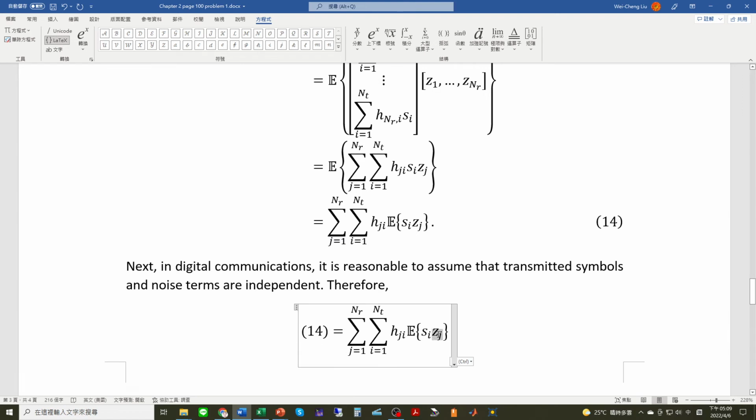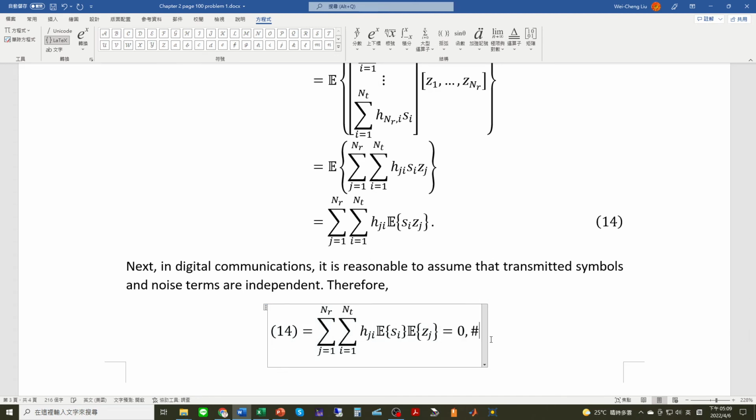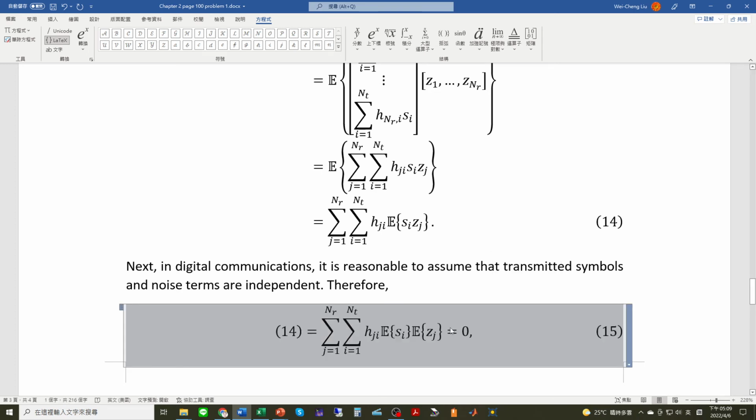But now I can split this expectation into two terms. First is the expectation of S_i, and then times the expectation of Z_j, which is equal to 0.